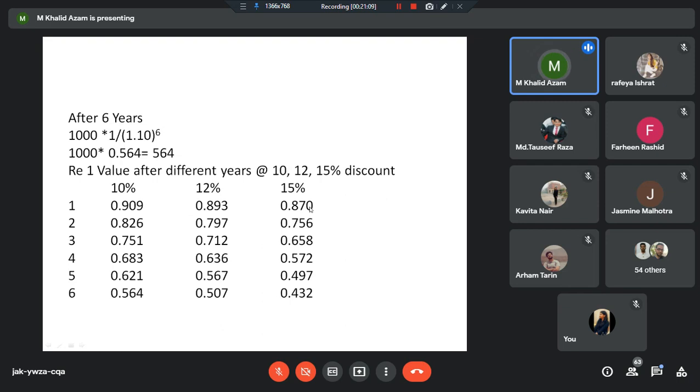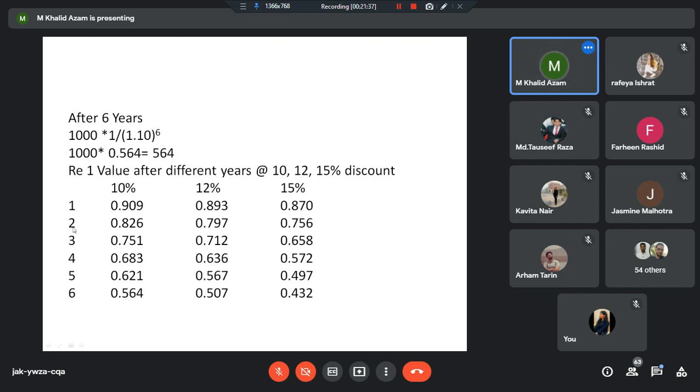So this is an inverse relationship in terms of the rate and in terms of time. If you increase the rate, value is going to reduce. If you increase the time, value is going to reduce.